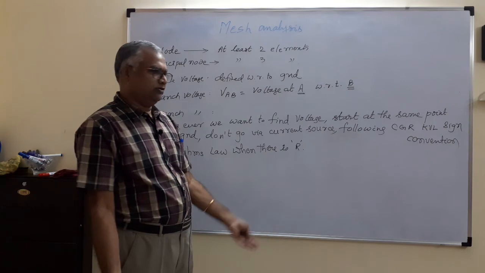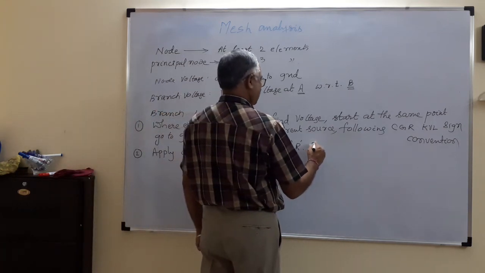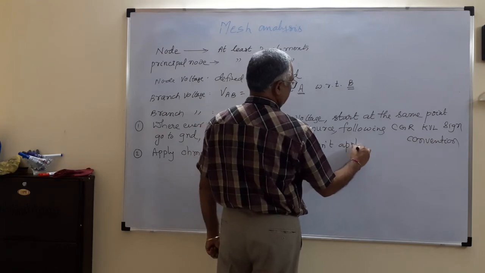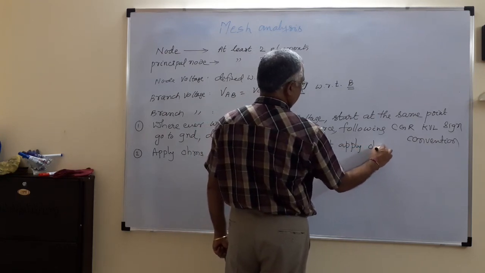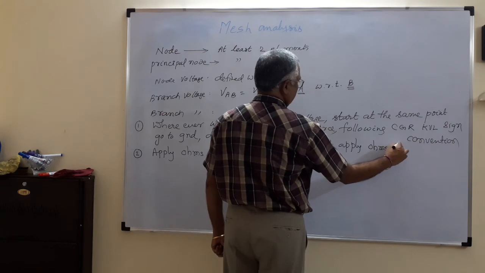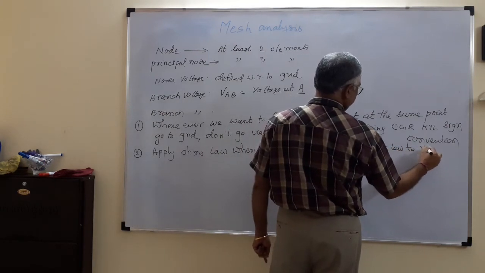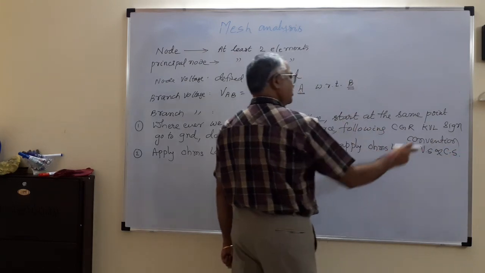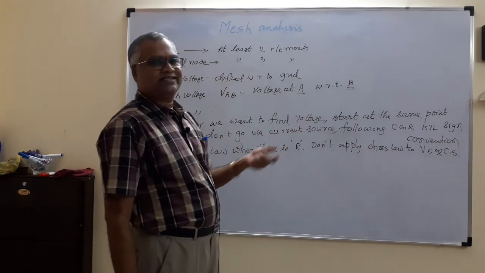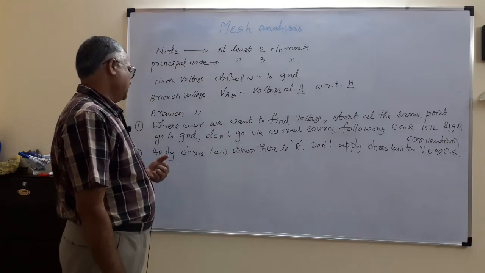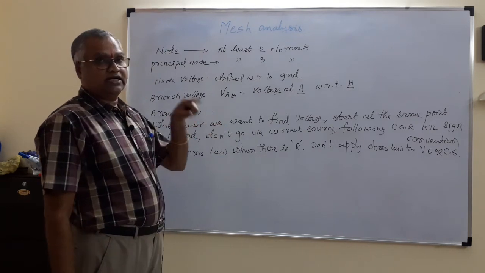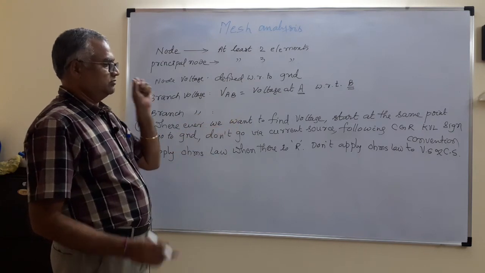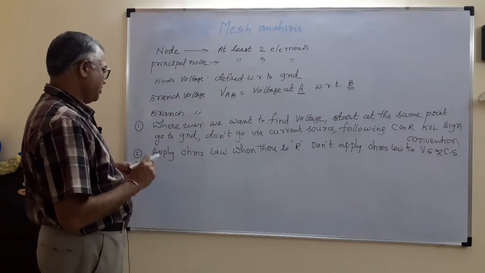R is not there, don't use it. Don't apply Ohm's law to voltage source and current source. Why should we not apply? Sources' resistances, we don't know. But we can apply to voltmeter, current meter. Meters we can, source we can't. In source transformation, I will explain that in a better way.